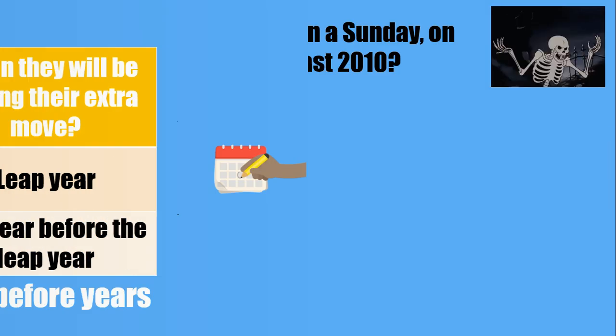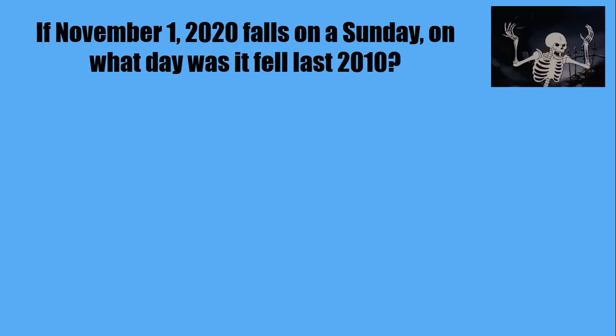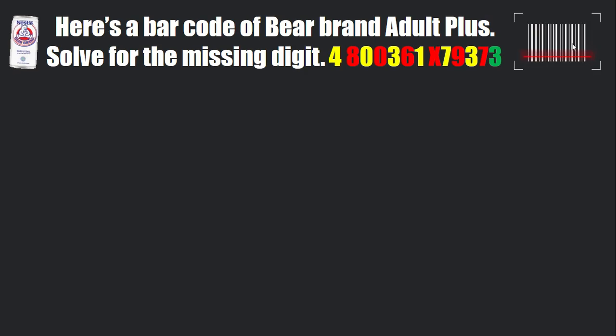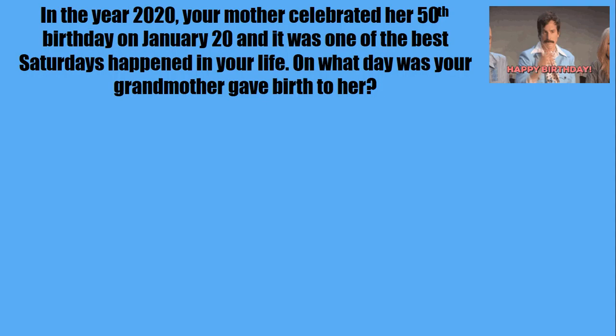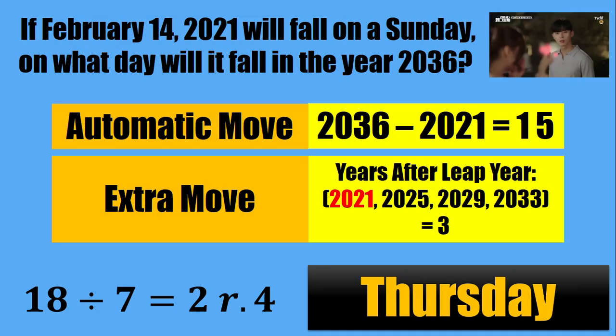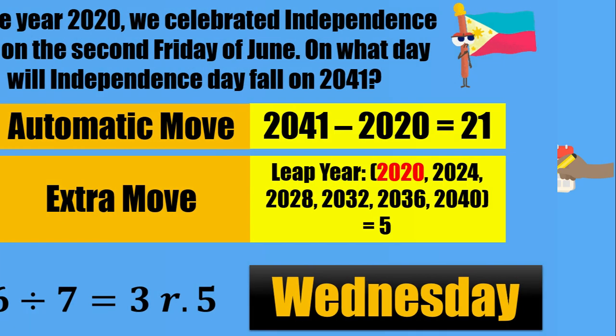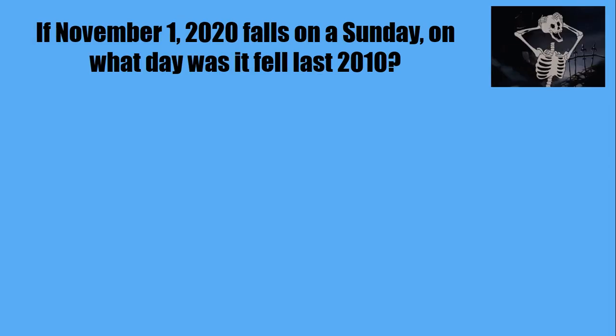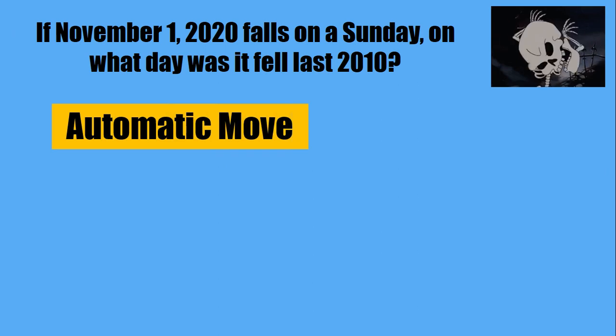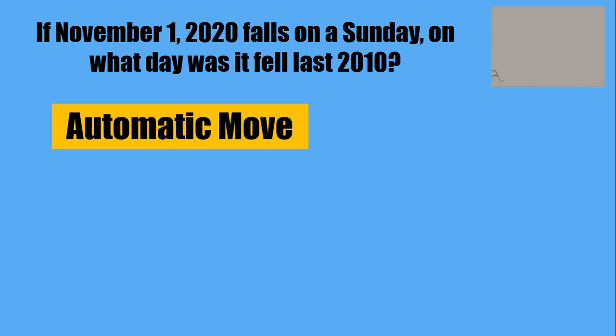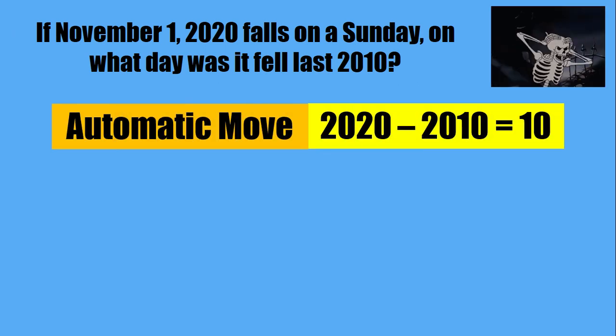So let's have an example. If November 1, 2020 falls on a Sunday, on what day did it fall in 2010? So for the automatic move, all we need to do is to subtract 2020 minus 2010. The answer here is 10.